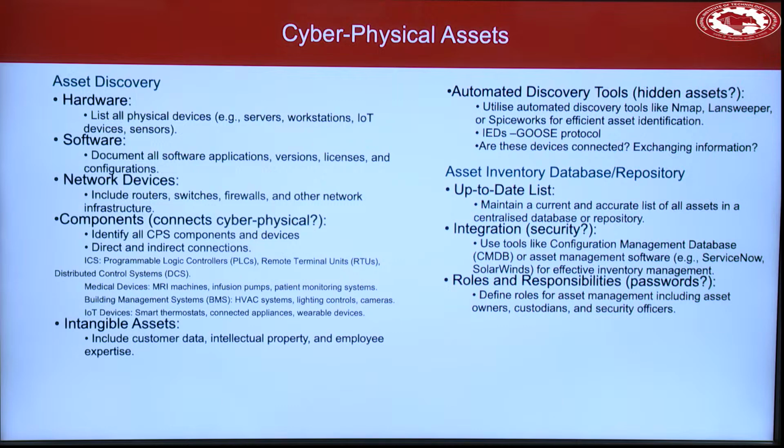Silent devices, for example, printers. Now we have smart printers. These printers have IP addresses where you can print, scan, photocopy, whatever you want. But a typical printer is connected to the PC, and most of the time these printers are off. Whenever you need to print, you turn it on, print, and then turn it off.